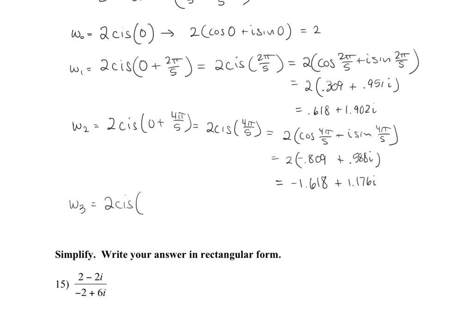For the case where k equals 3, we have 3 times 2 pi over 5, which is 6 pi over 5.